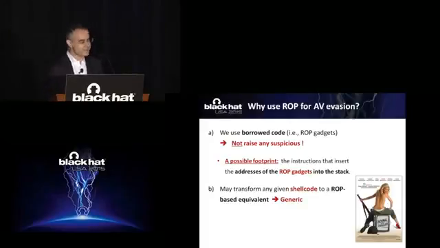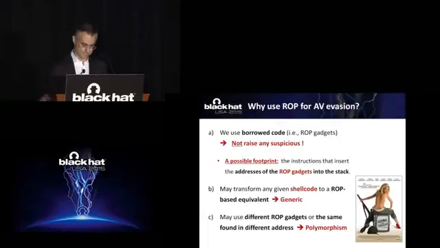It can transform any given shellcode to a ROP-based equivalent, so it is a generic method, and it may use different ROP gadgets, or the same ones found at different addresses, to perform its work, so it achieves polymorphism.